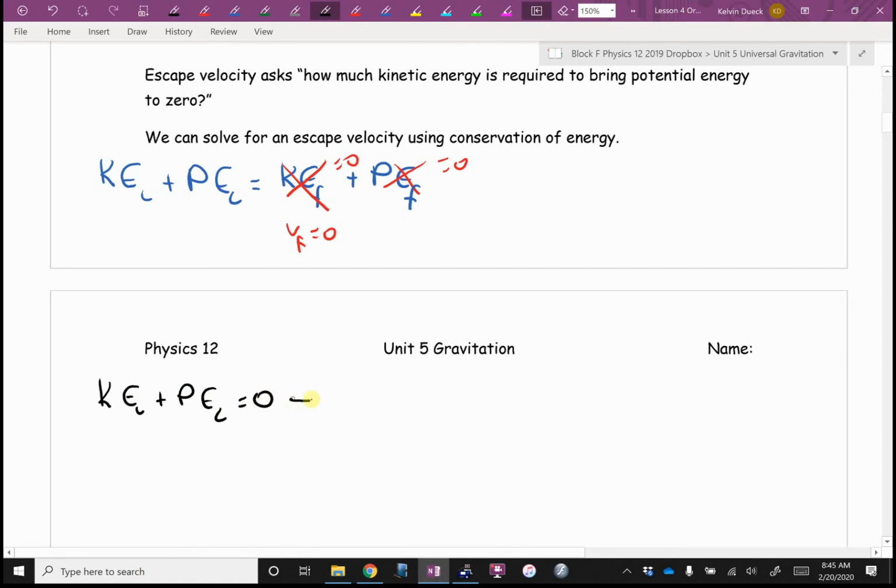Let's plug in our equations. So kinetic energy is going to be a half m v initial squared plus, we are going cosmic, so not mgh, but negative big G, big M, little m, all over r initial equals 0.